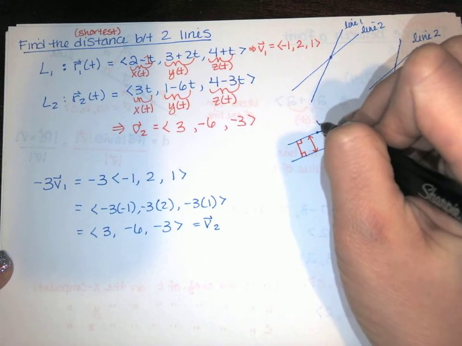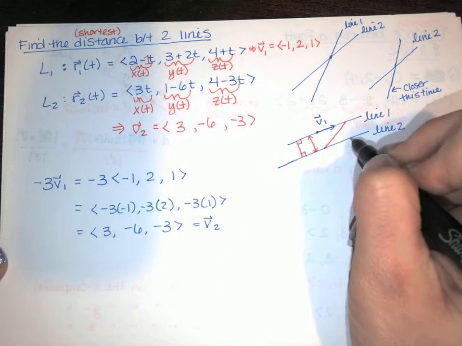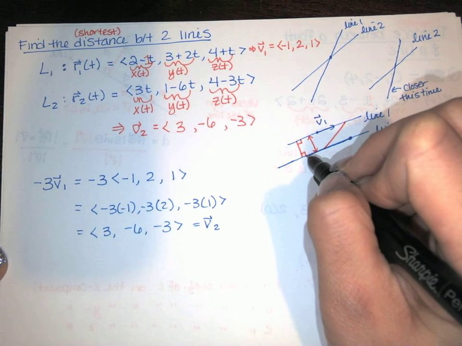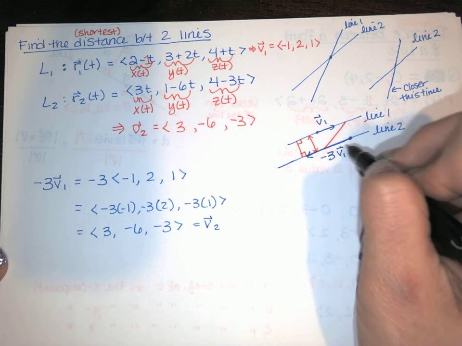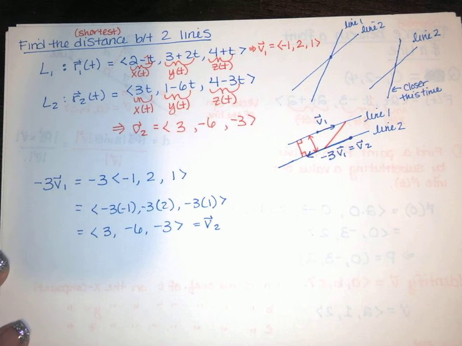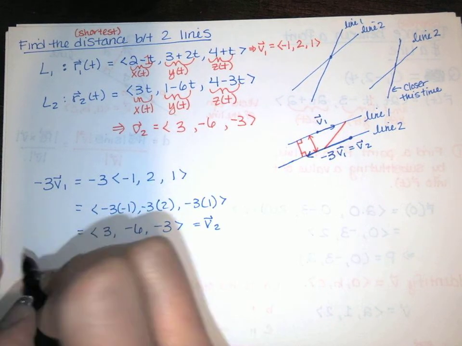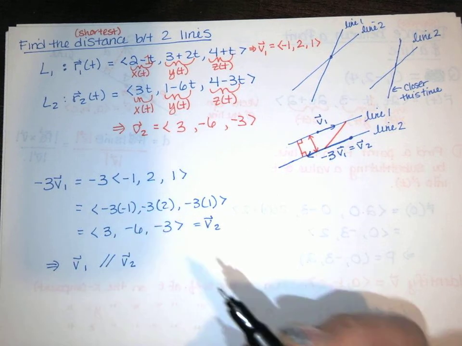Here's v1. And v2 is -3 times that. So it's 3 times as long in the opposite direction. So those are parallel to each other. V1 is parallel to V2.